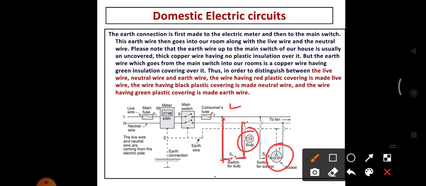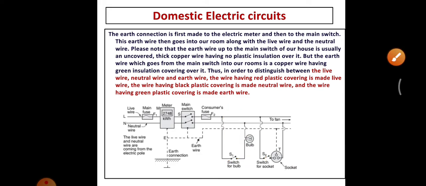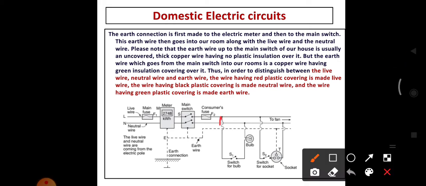One is positive and one is negative. See, so when the switch is closed, the wires connected to positive and negative complete the circuit, so the bulb will glow.